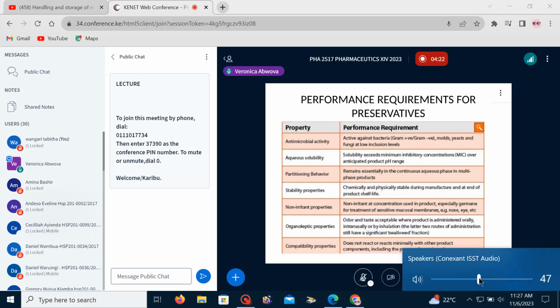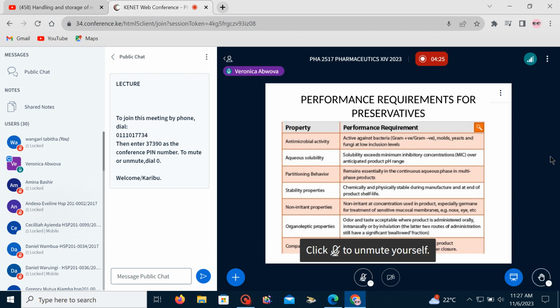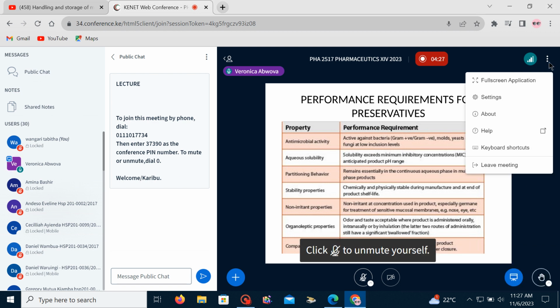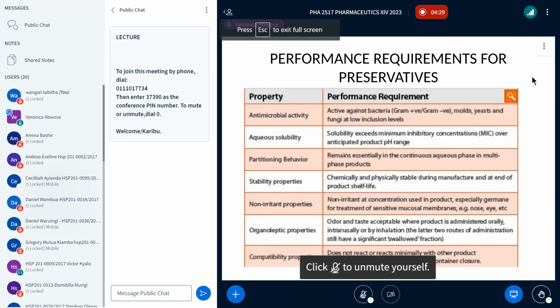You need to be able to prove antimicrobial activity before you add a preservative, because remember the scenario we talked about, you're not adding preservative just for the sake of it, okay? You want to reduce interactions, so you only use excipients that are very necessary, okay?